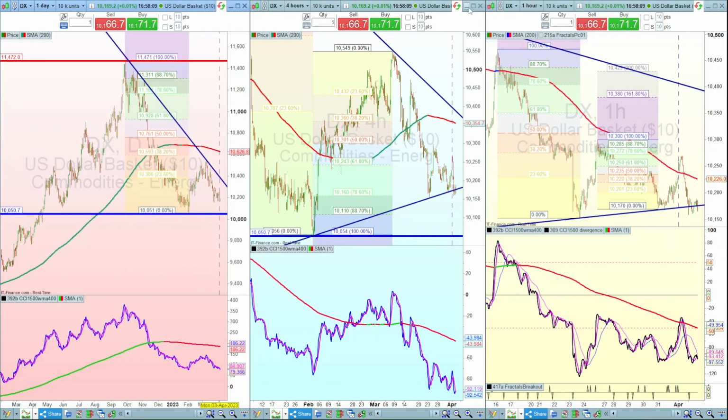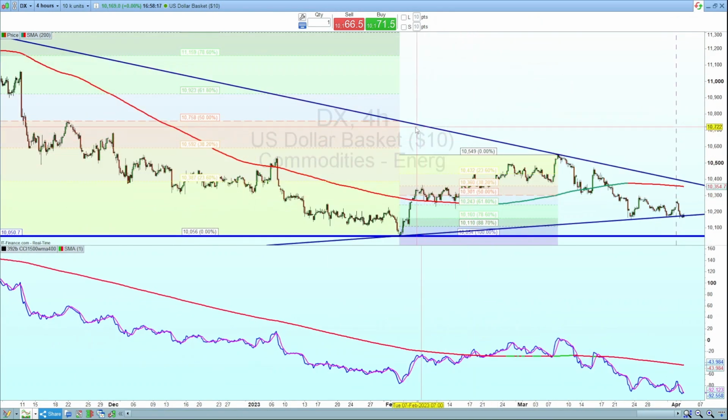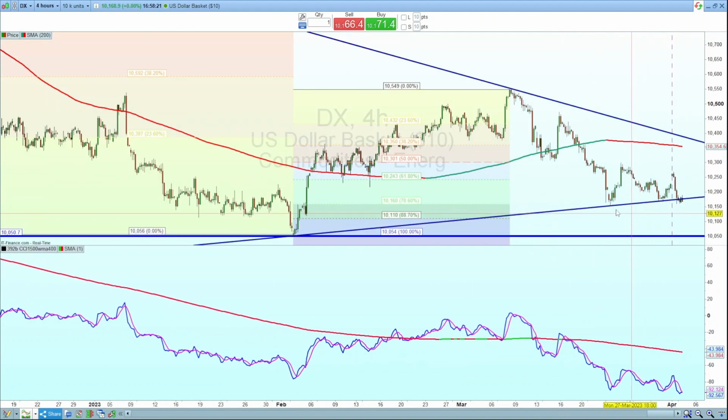On the 4 hour time frame, zooming in a bit closer, again we've got these diagonal trend lines, and it's forming in this wedge, and it's now respecting those two trend lines. In that low to that high, this Fibonacci retracement, once it penetrated the 61%, which is our key area of reversal, on the 4 hour time frame, it was going long during that period, according to the CCI moving average.